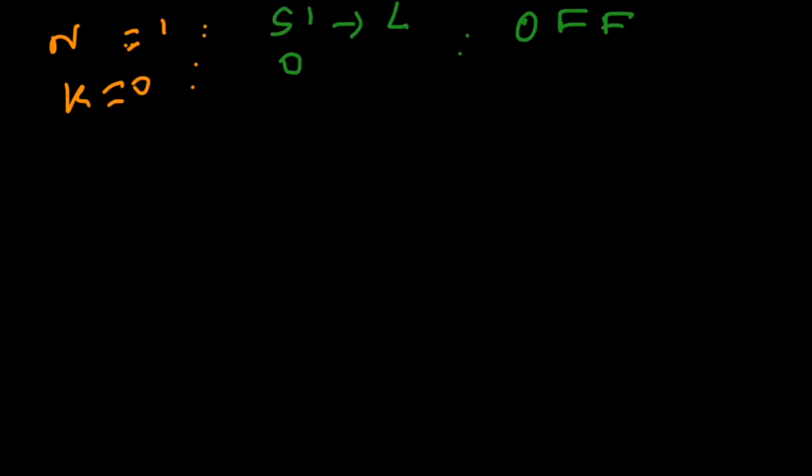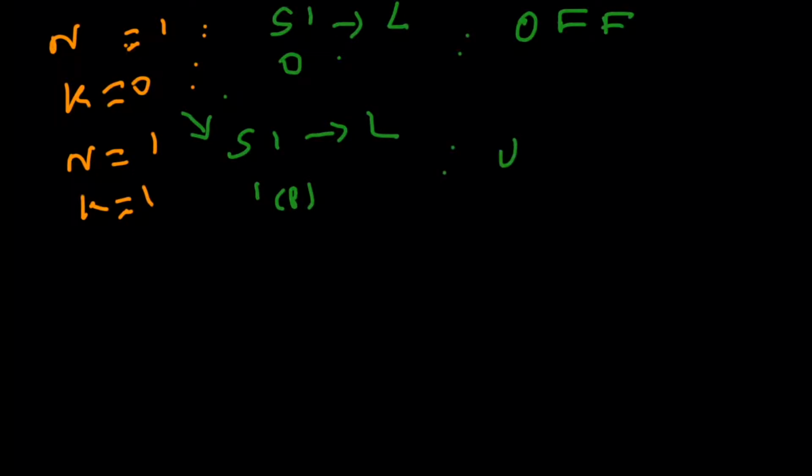Now for the case where n is equal to 1 and k is equal to 1, the initial state is this one, but the second state would be S1, where we toggle it to be on. And since the light is plugged to this, and this one is powered with the socket, that means that our answer is on.